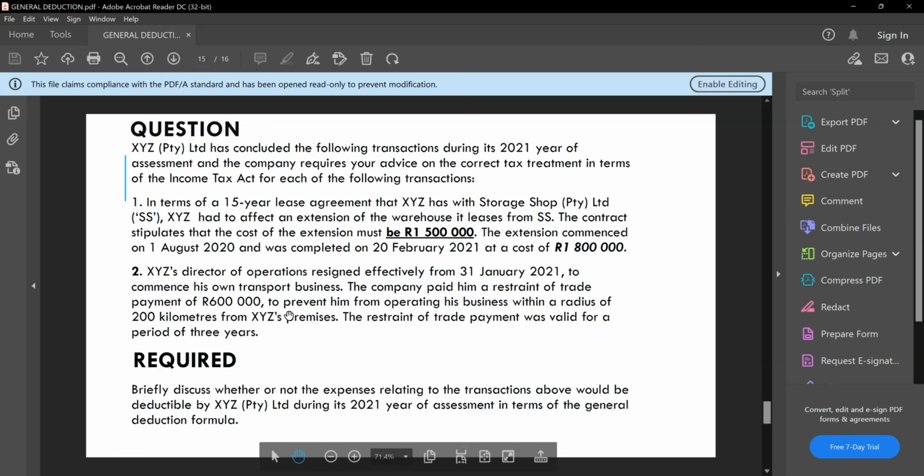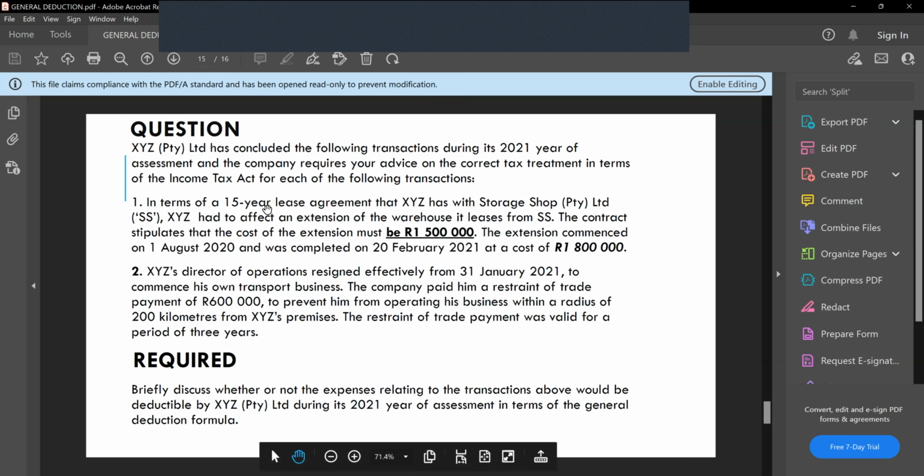So let's take a look at them. In terms of a 15-year lease agreement that XYZ has with Storage Shop Pty Ltd, XYZ had to effect an extension of the warehouse it leases from SS.